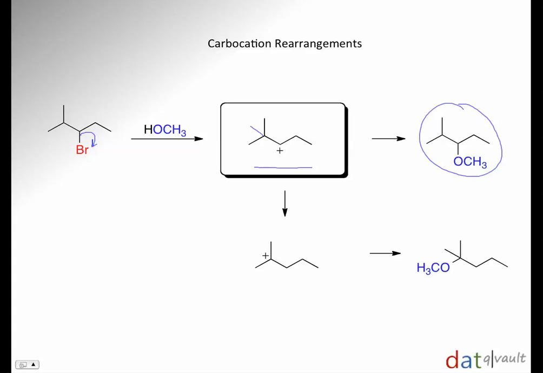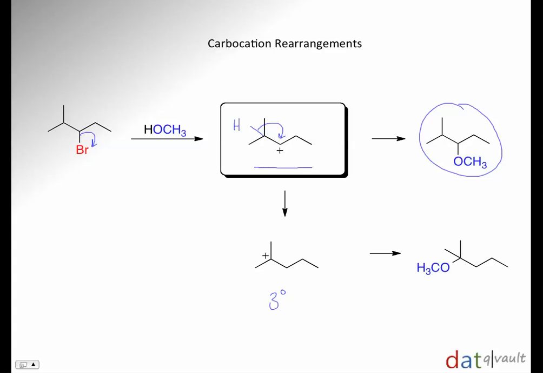But as it so happens, there is an alpha hydrogen here on this carbocation intermediate that can do a hydride shift over to our carbocation to form a more stable tertiary carbocation. This is going to happen much faster than the attack of the nucleophile, in this case methanol.